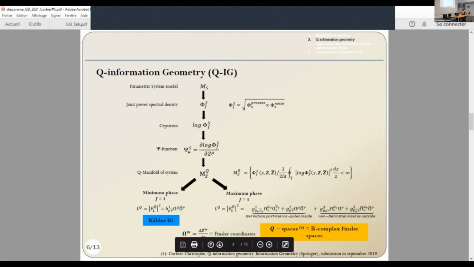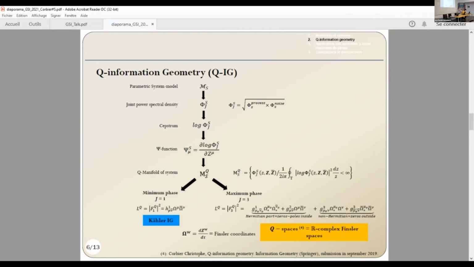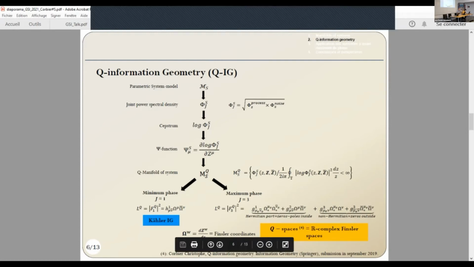Minimum phase has one metric tensor, maximum phase has four metric tensors. We can see that there are two parts of the complex Lagrangian: Hermitian parts for poles and zeros inside the unit disk, and non-Hermitian parts for zeros outside the unit disk. And omega is the Finsler coordinates, as the derivative.